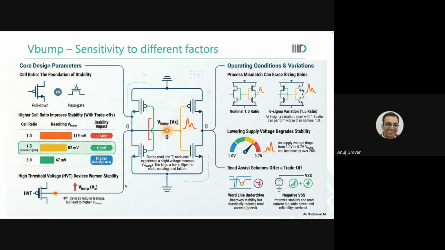Cell current goes for a toss. And cell current is a very important figure of merit during read operation itself. Is it not? So wordline underdrive helps me gain stability, which is linked to the read operation, but it also degrades the cell current, which is a performance figure of merit linked to the read operation itself.